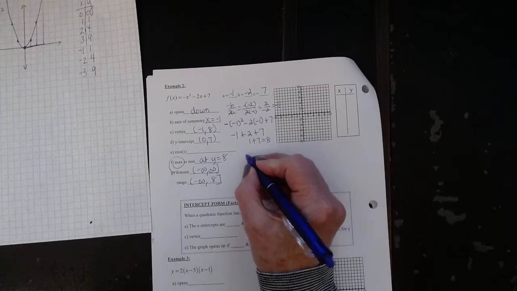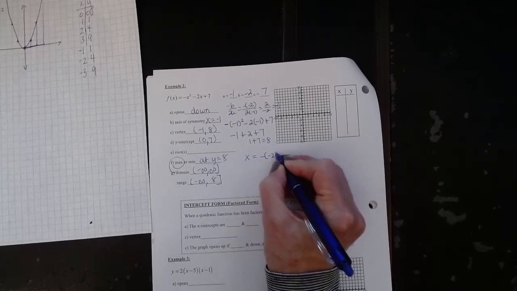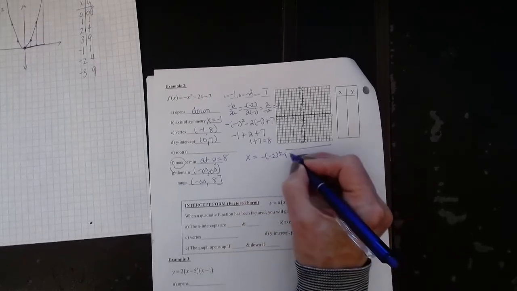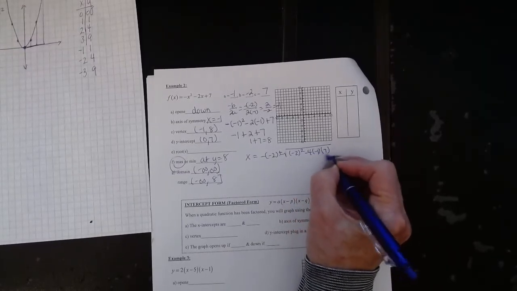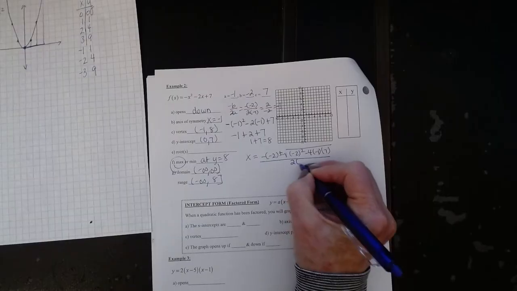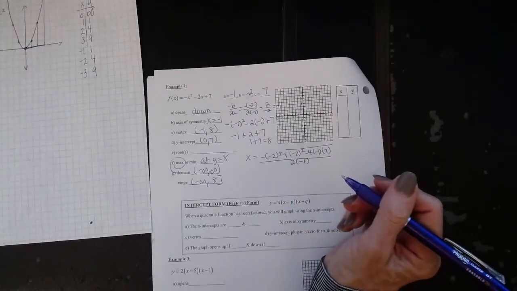My roots, x equals negative b plus or minus the square root of b squared minus 4 times a times c, all divided by 2 times a.